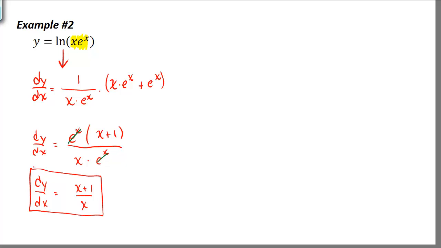The other way to go about this is if we were to rewrite using one of our log rules that says that if we're taking the log of two products, we could split that up into the sum of the logarithm of each product. Now this makes it a little bit easier to think about because we don't need nearly as much chain rule.